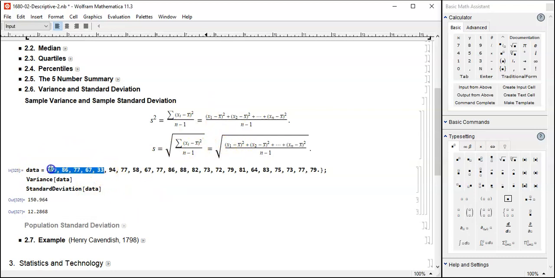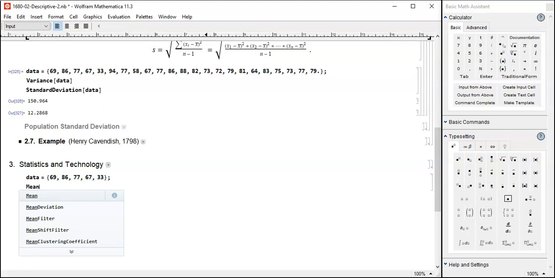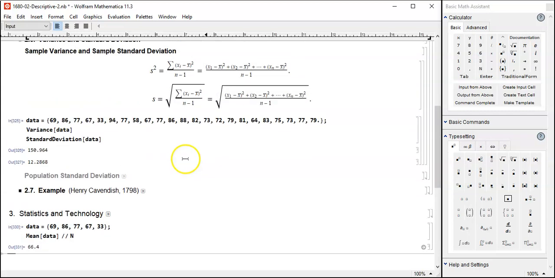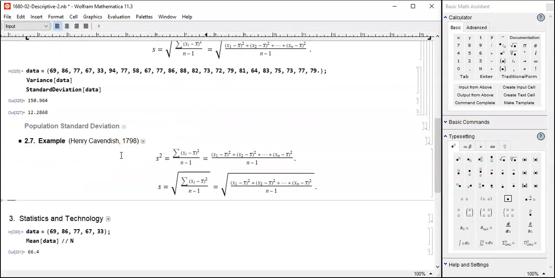So let me take much smaller data like this. And then let's take the mean, the mean of these 5 numbers. Okay, add them all up and divide by 5, and then you're going to get 66.4. So that's the mean.